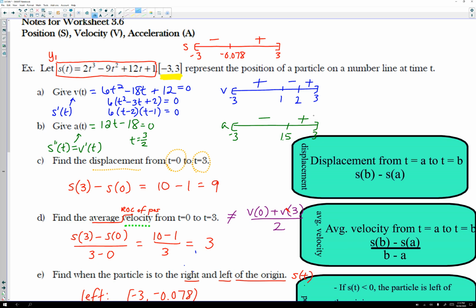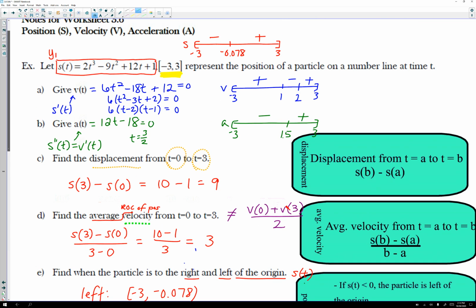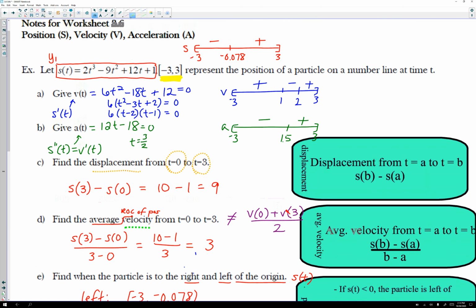Now we compare these and we look for where, let's say we want to answer the question, that our speed is increasing. For our speed to be increasing, velocity and acceleration have the same sign. They're working together in the same direction.